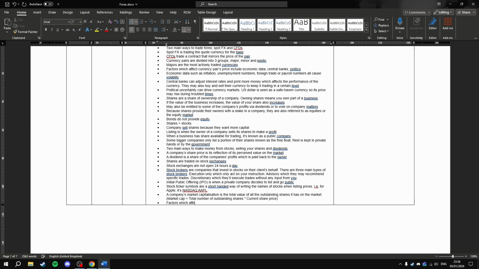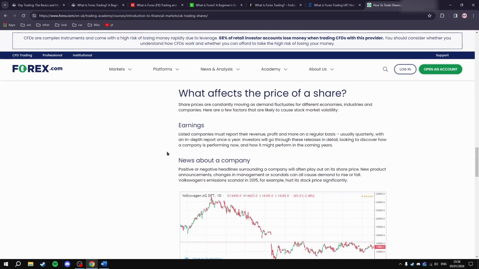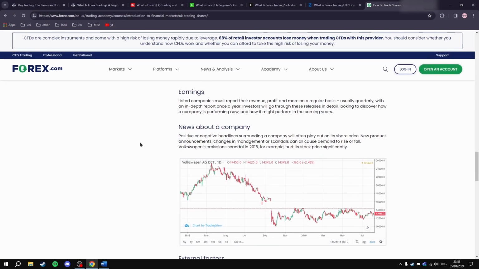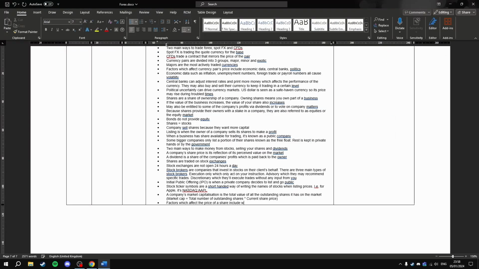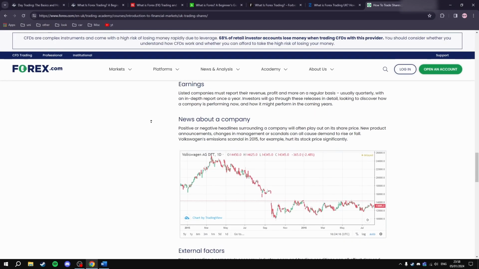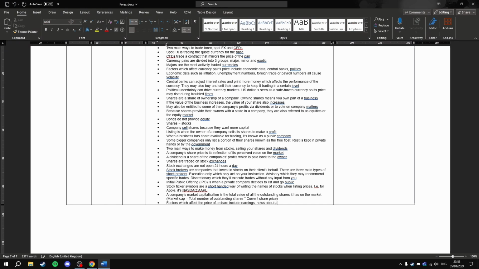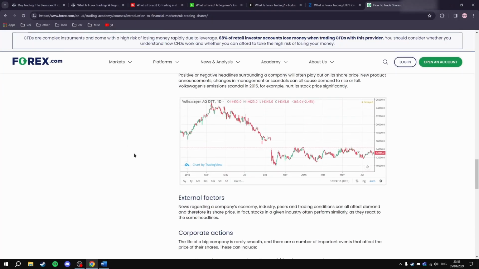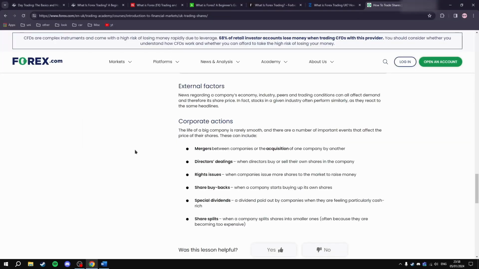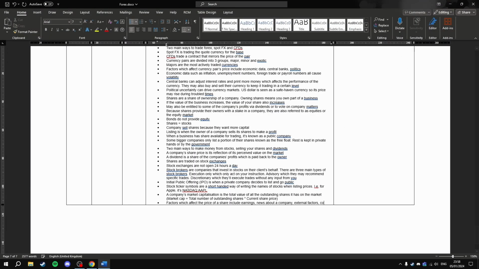Factors which affect the price of a share include earnings, news about a company, external factors, and corporate actions.